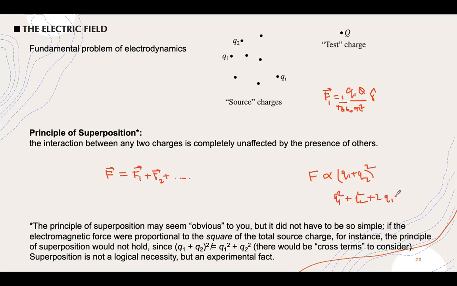Then you cannot simply write the superposition principle, which states that you just have a vectorial sum of all the forces between the source charges and the test charge. This cross term is very important for understanding that the principle we are talking about in Coulomb's law is an experimental fact, and superposition is not a logical necessity.